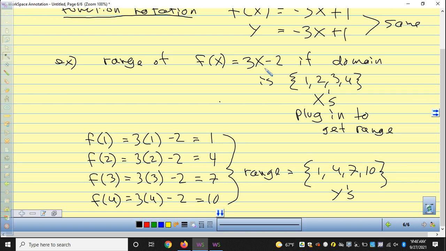Now the last little note at the very bottom, it says reasonable domains. Reasonable domains just means you're picking your x values that make sense for the problem. So if you have a problem about the number of students in a class, you're not going to pick negative x values because there aren't negative students in a class.